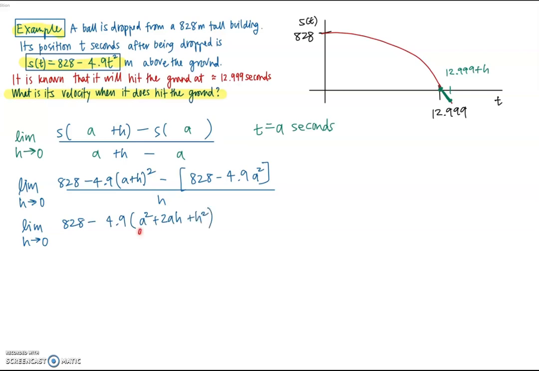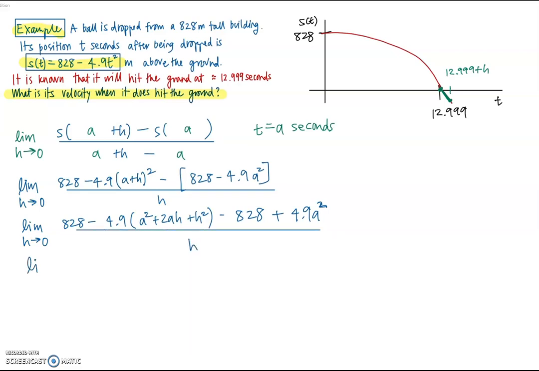All of this just came from this right here, where that's really a plus h times a plus h, and if we multiplied all of that out, we would get this expression right here. Minus, I'll distribute the minus, 828 minus, minus, so plus 4.9 a squared, all over h still.